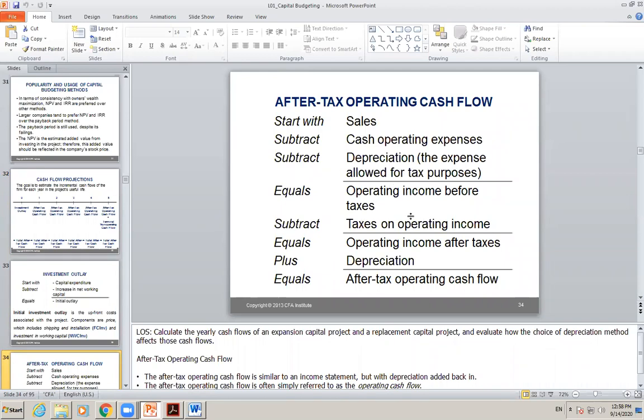You get the EBIT, earnings before tax, and then you subtract the taxes. Then you derive the income after tax, and you add back the depreciation, which is a non-cash item. This is the reason why we are adding it back. And then you get the after-tax operating cash flow. So when we get into the example, we'll get a better understanding of how we estimate the cash flow.